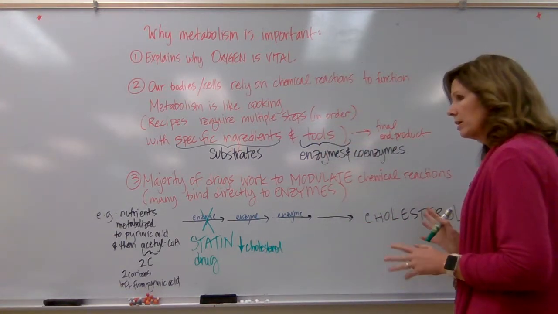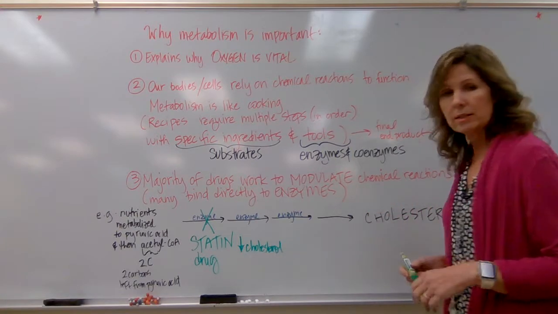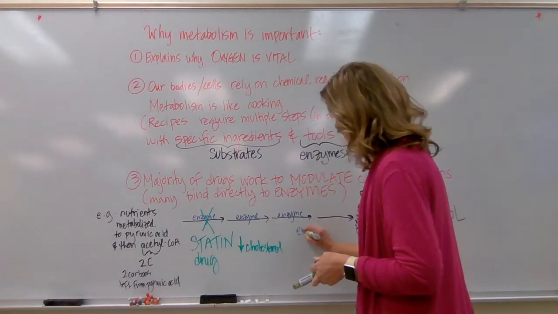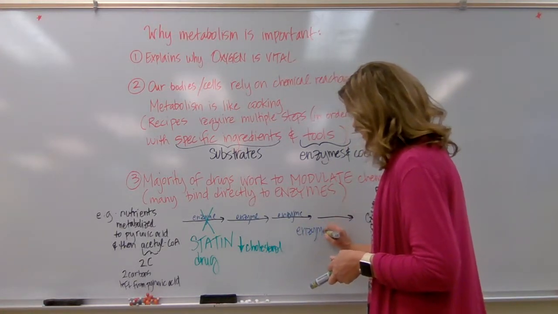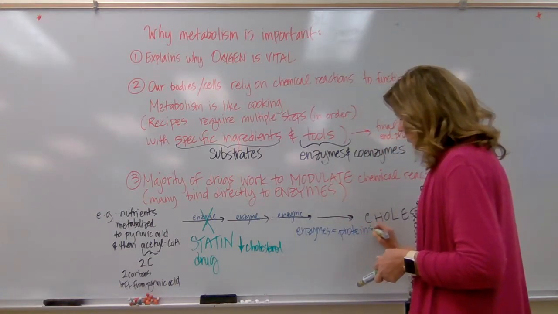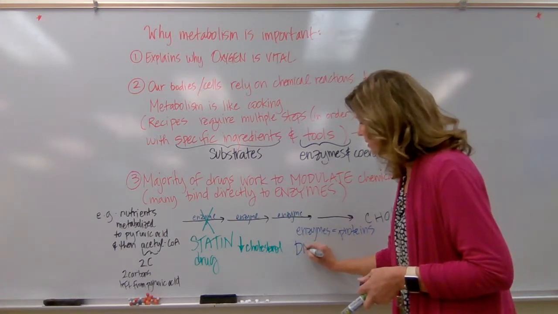Now, here is where metabolism and genetics intersect. We did say that enzymes are composed of proteins. Enzymes equal proteins. Where does the information come from to make those proteins? Well, it's contained in our DNA.